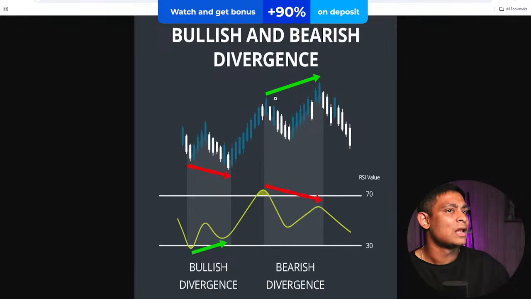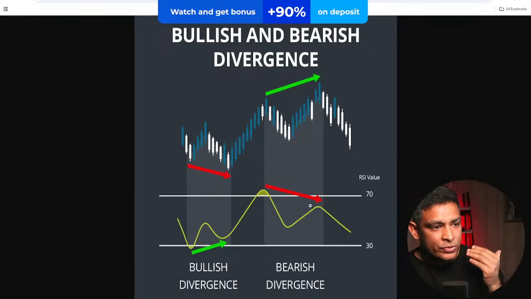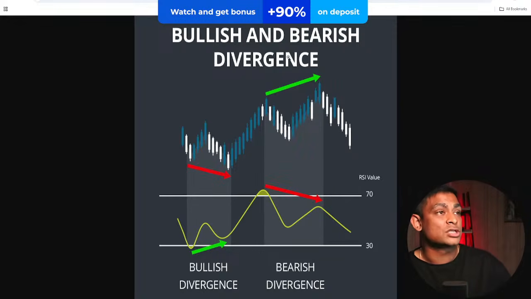So we will use these two higher levels, and from there the price should come down. And when we are looking at the relative strength index, we will also see lower high, lower low, and a lower high, which should be a downstream, exactly the opposite of our bullish divergence.